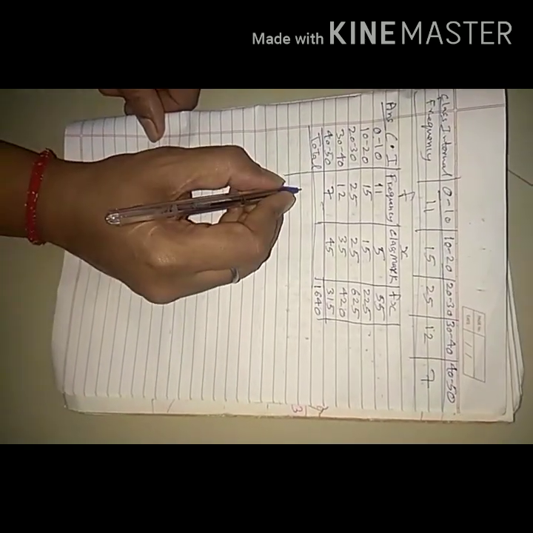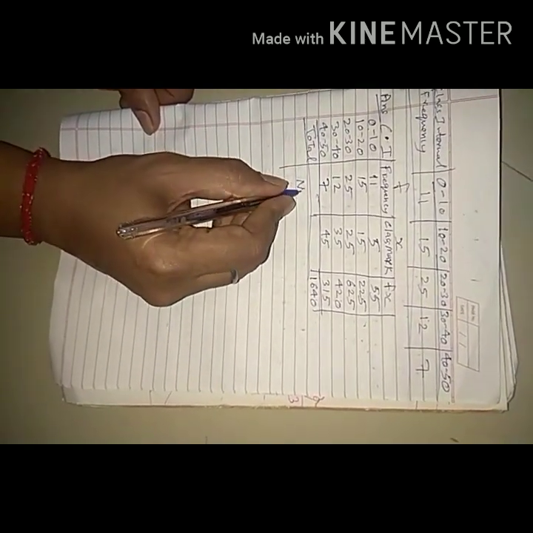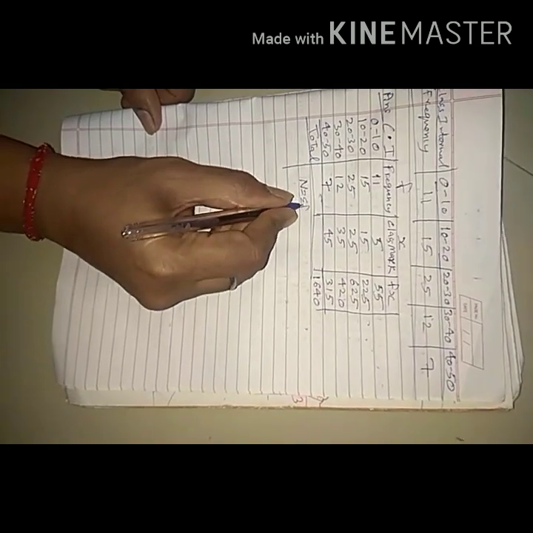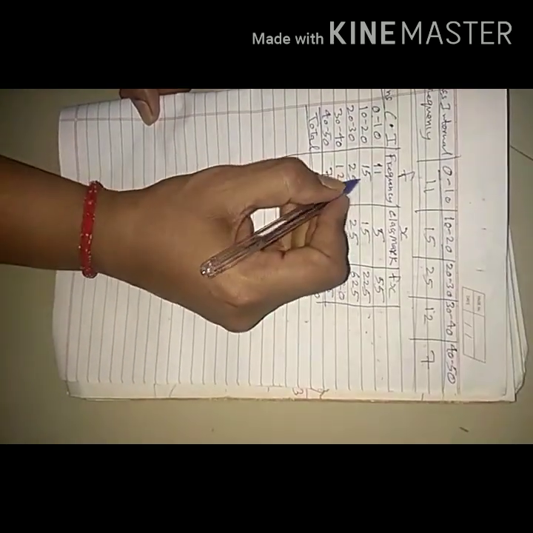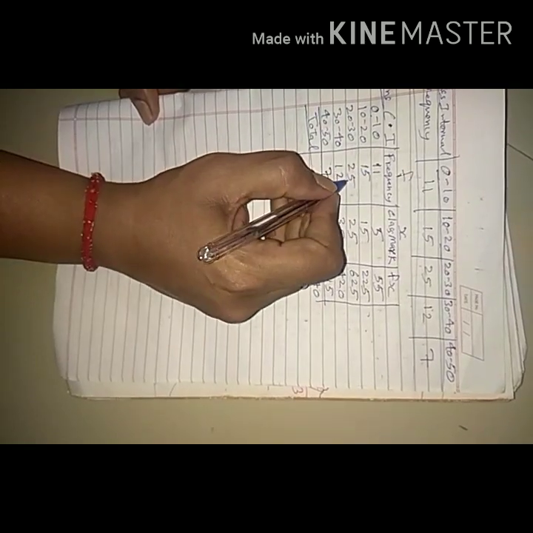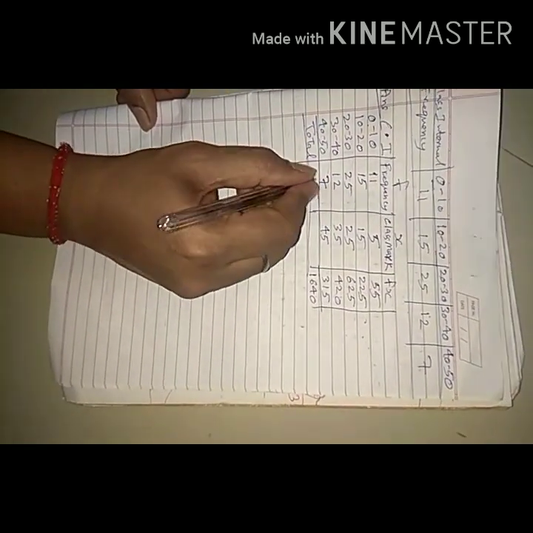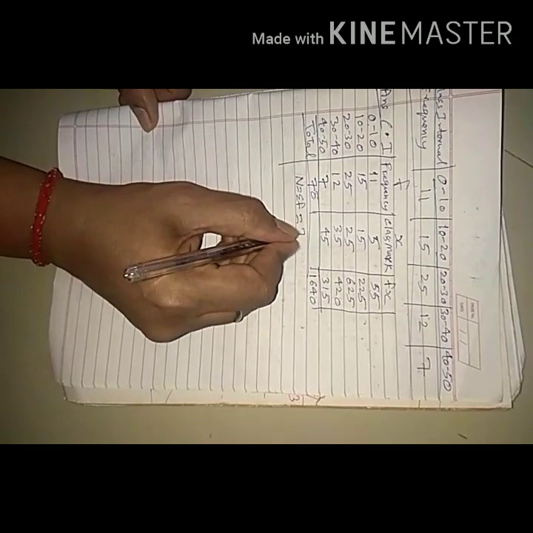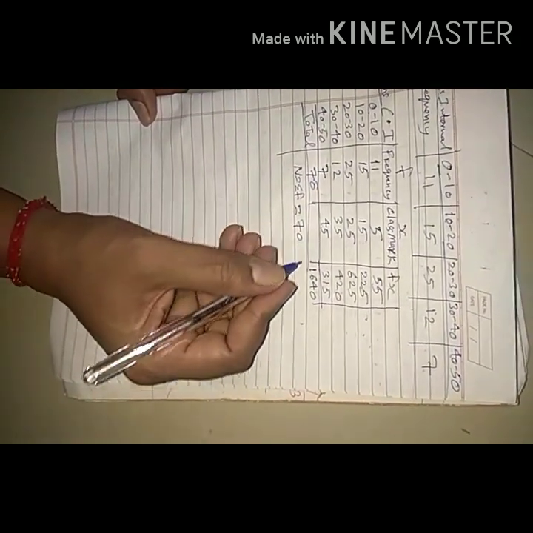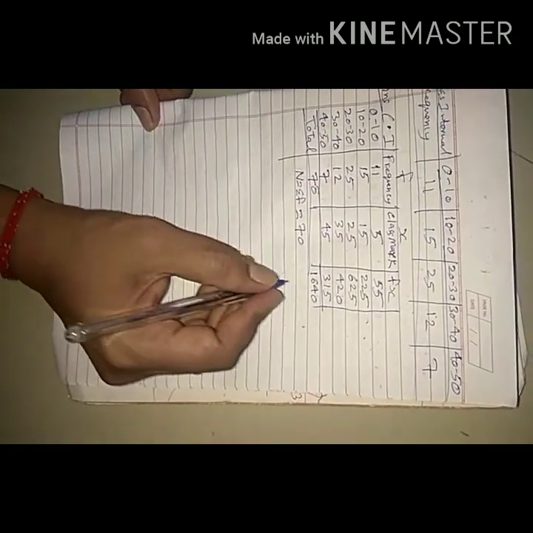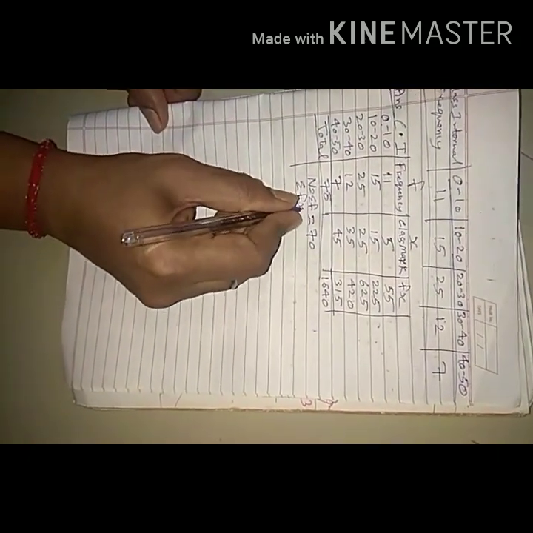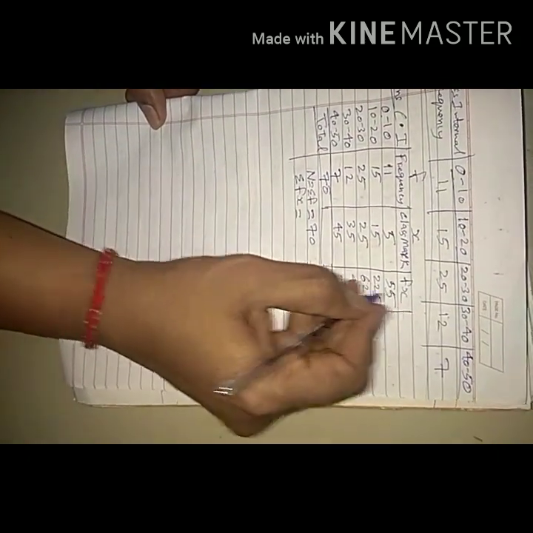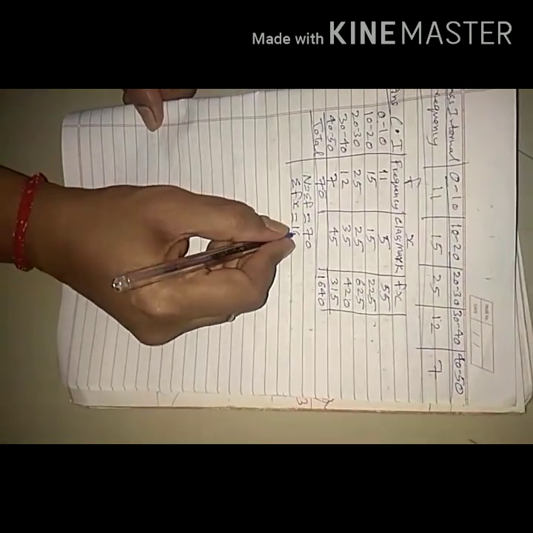First I will obtain capital N, that is summation of f. Total of frequency, I will add this: 11 plus 15 plus 25 plus 12 plus 7, I will get 70. Summation of fx is total of this, 1640.